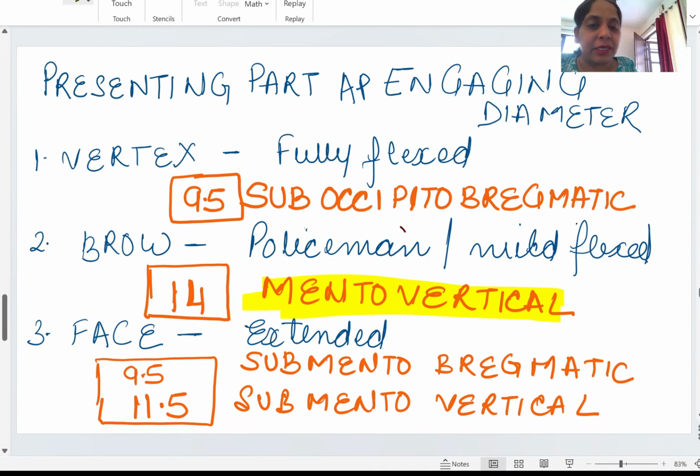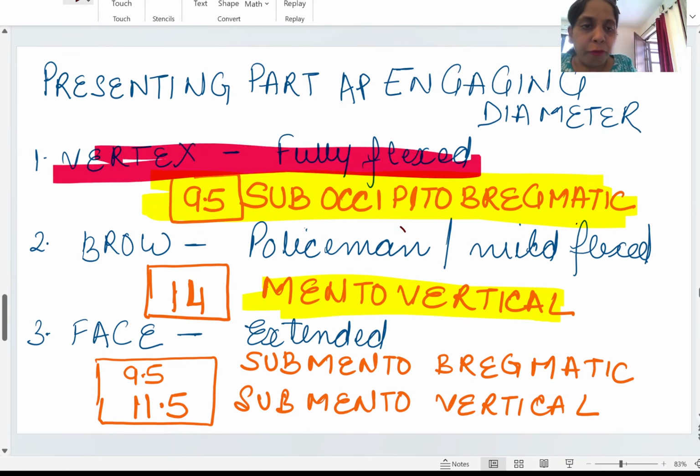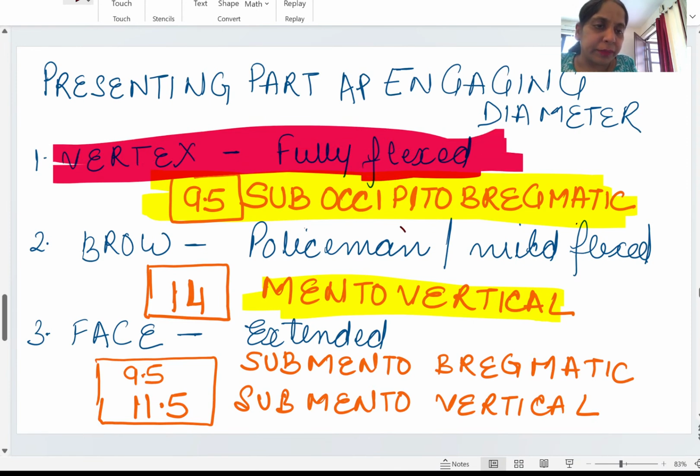9.5 centimeter for suboccipitobregmatic in vertex or fully flexed position. Is it clear?